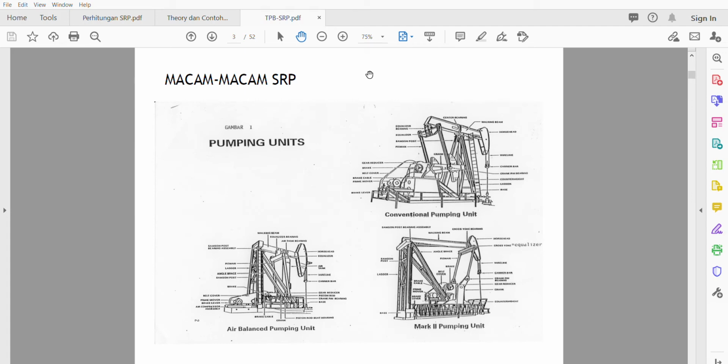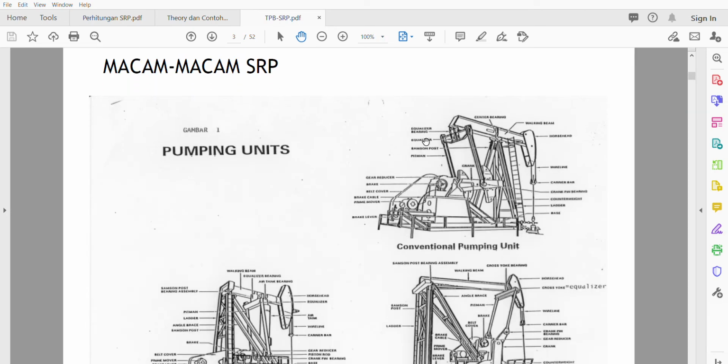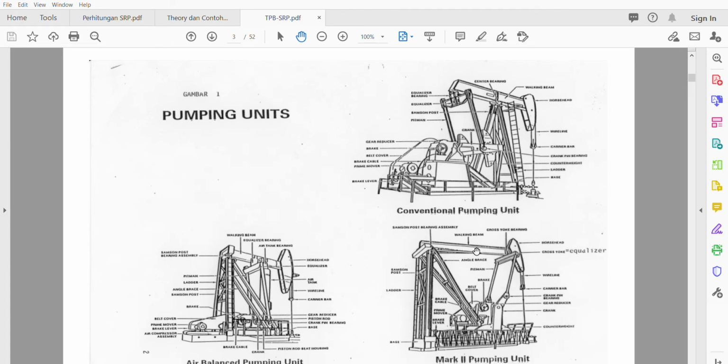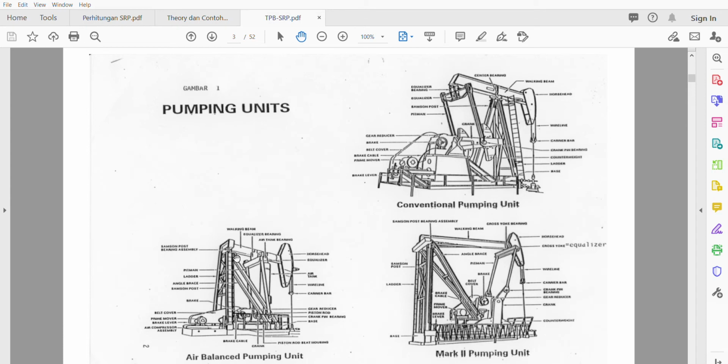Let me make it bigger, I guess it's easier. This one is the conventional. The center of the bearing is in the middle. This one is at the end, and for the Mark II, and for air balance also at the end.